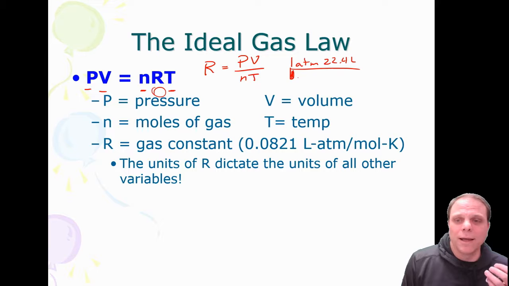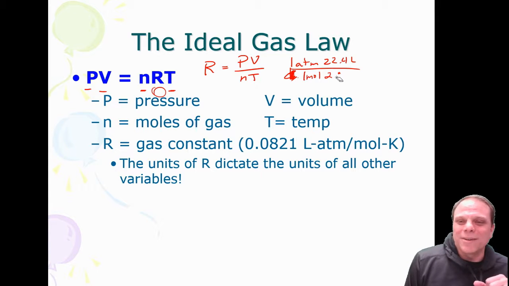1 mole, sorry, 1 mole, and then the temperature, and of course we do this in Kelvin, very good. I can't remember if it's at 0 degrees, which is 273, or if it's at 20 degrees, which is 293.